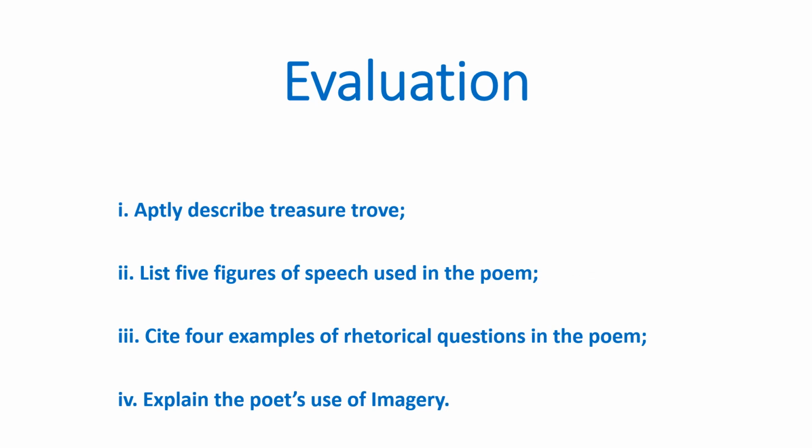All you have to do is give a very good introductory paragraph where you explain the entire idea discussed in the poem and how the poet uses rhetorical questions to convey those ideas. Those examples can be found in stanzas 1 and 4 of the poem. That's the first stanza and the last stanza of the poem. Then you have to explain the poet's use of imagery.